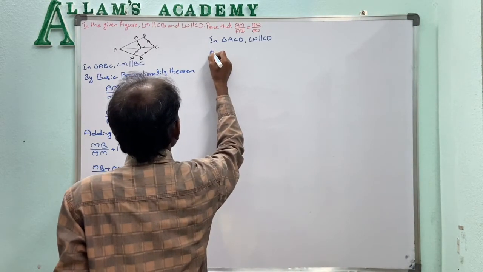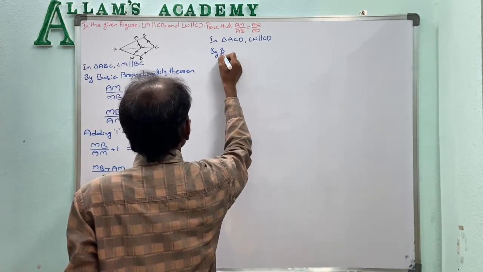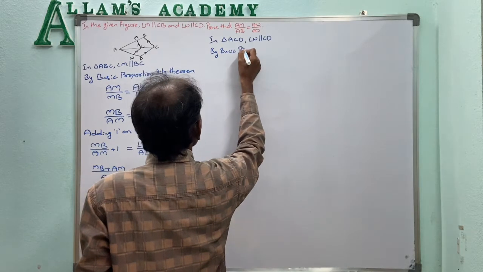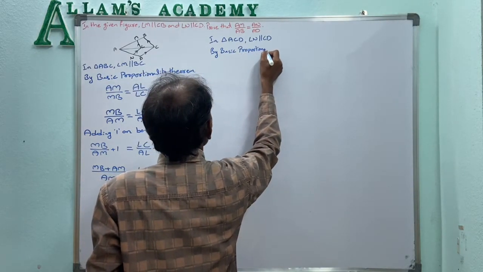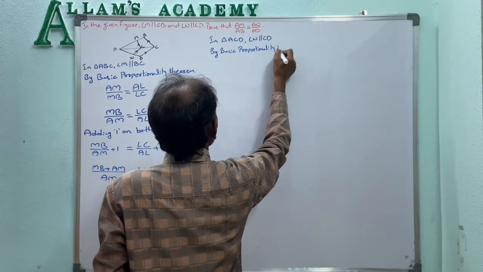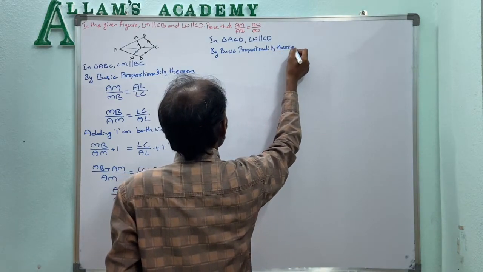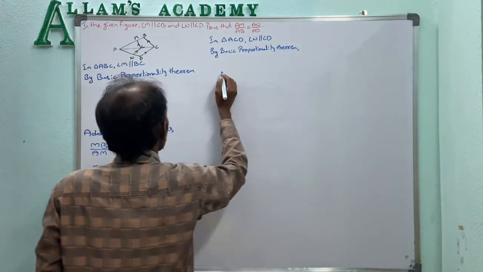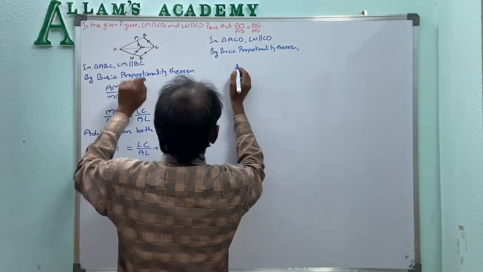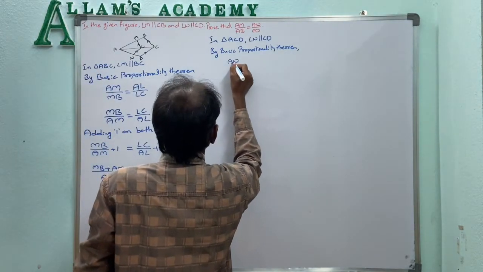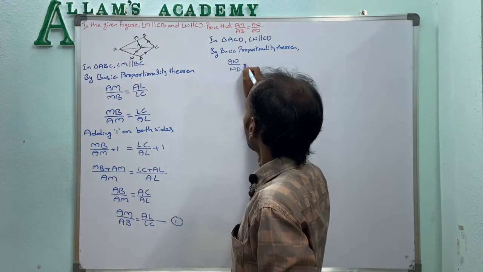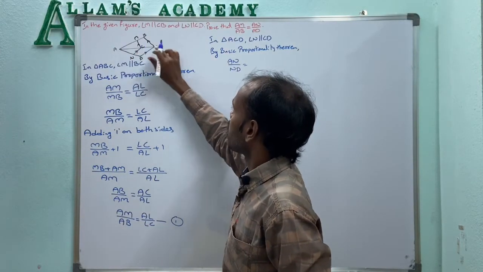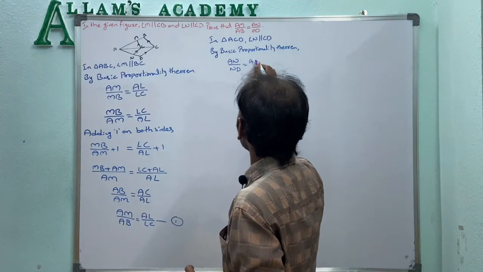So that line touching two sides divides them in equal ratio. By the basic proportionality theorem, we can write AN by ND equal to AL by LC.